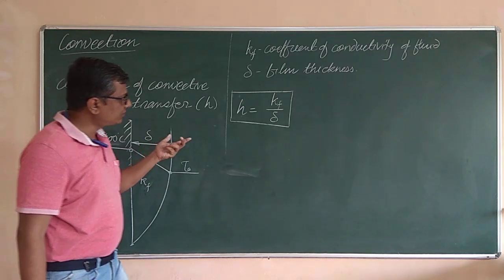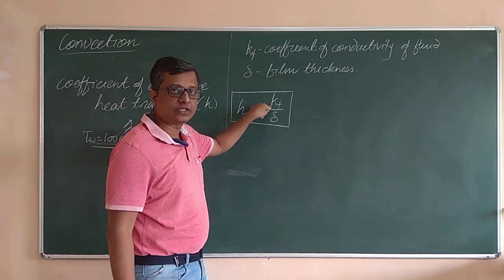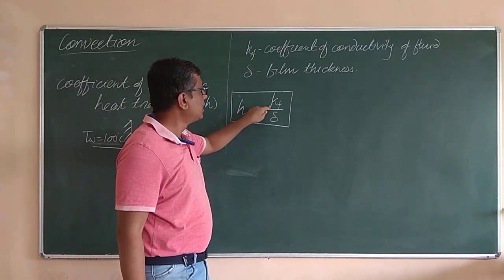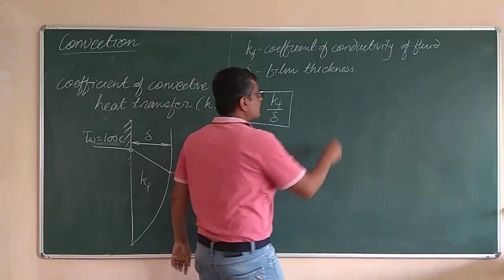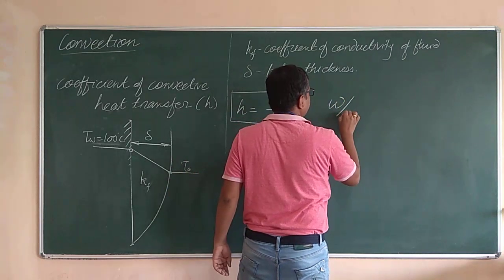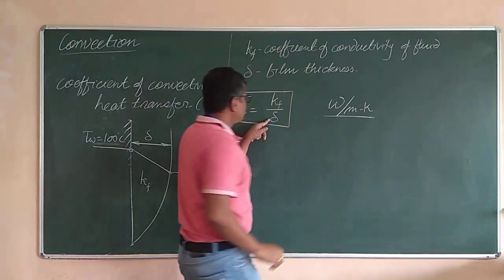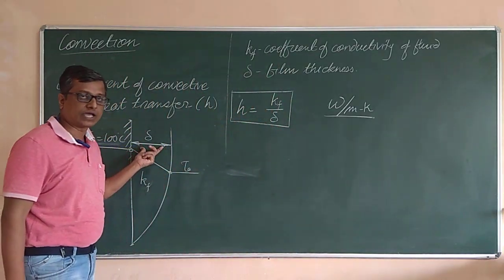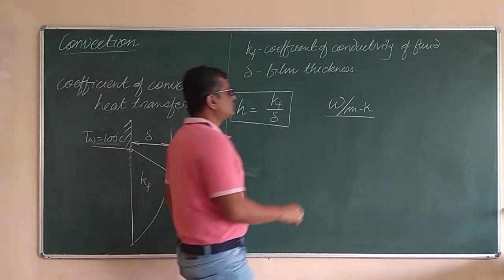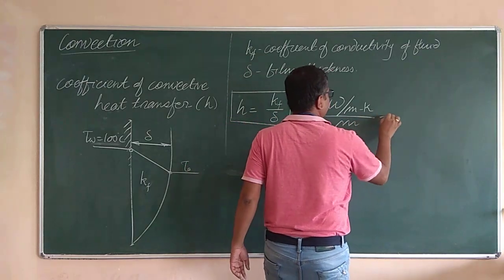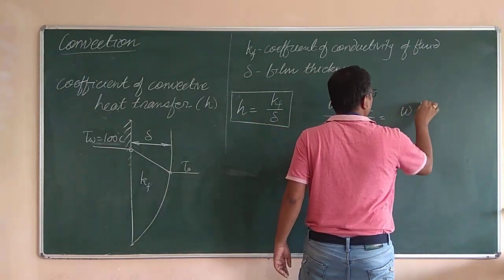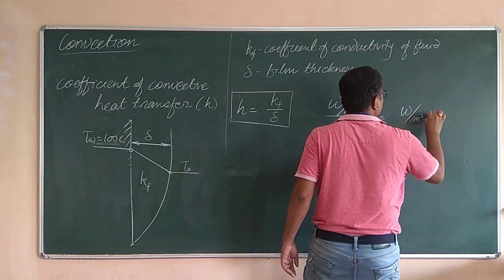Now we have studied this term K, the coefficient of thermal conductivity, and its SI unit is watt per meter per Kelvin, whereas the film thickness has the SI unit meter, so it will be divided by meter. So finally the SI unit of this will be watt per meter square per Kelvin.